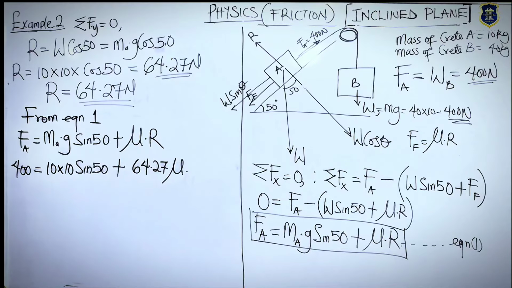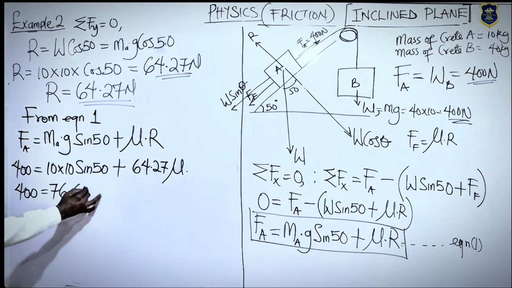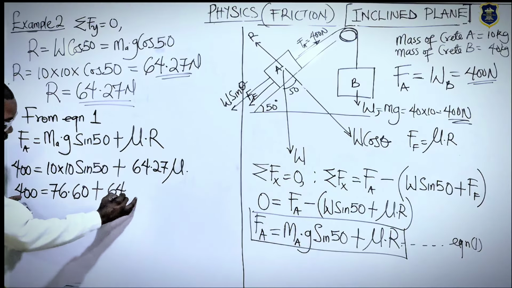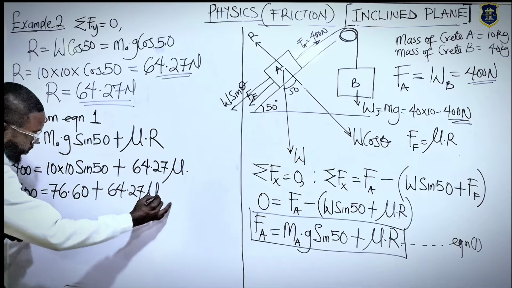Using our calculator, 10 times 10 sine 50, we have 76.60. So 400 is equal to 76.60 plus 64.27 mu.